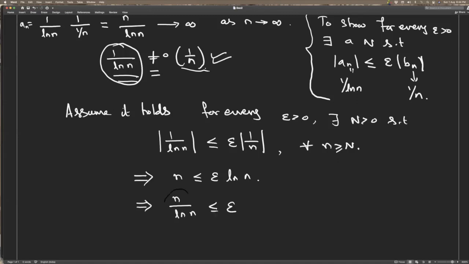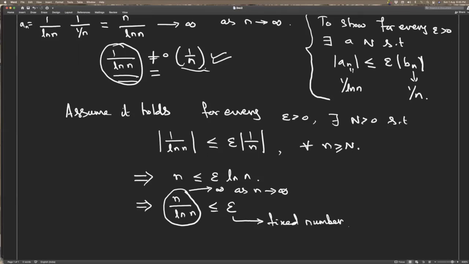Now you see, this is a sequence which tends to infinity as n tends to infinity, whereas this is a fixed number. You will always see that if the sequence an is not small o of another sequence bn, then you will always arrive at such contradiction.